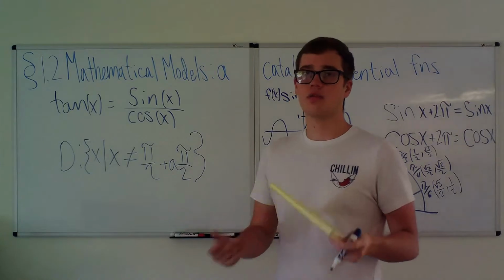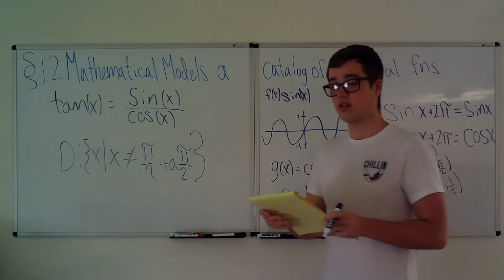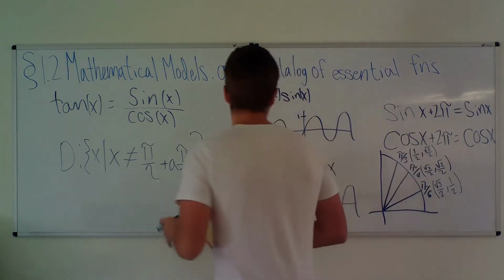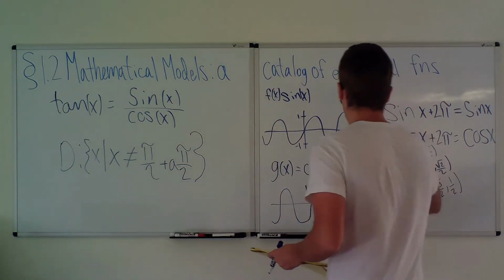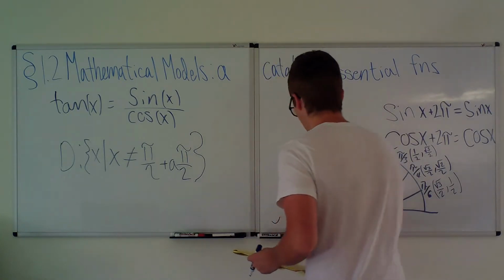So essentially what that means is whenever cosine is 0, the function is undefined, so it's not in its domain. So the graph of tangent looks very different from sine and cosine.